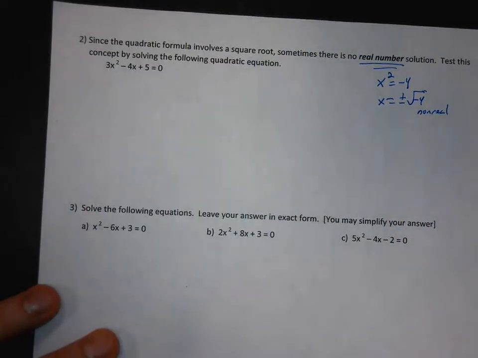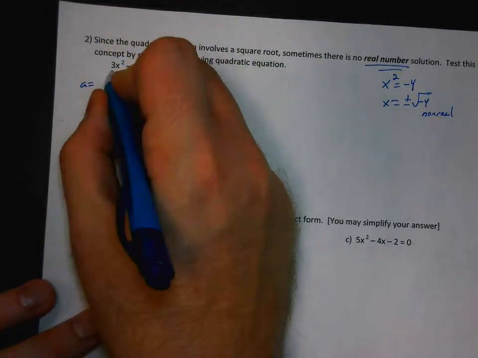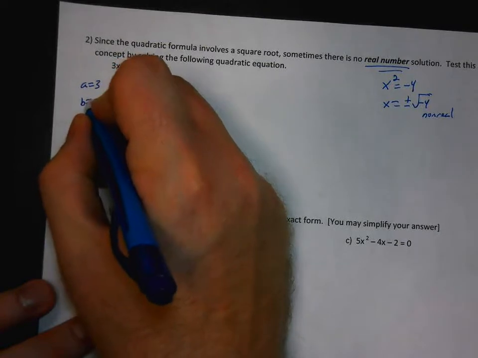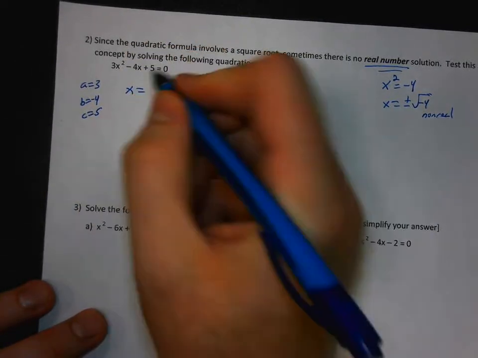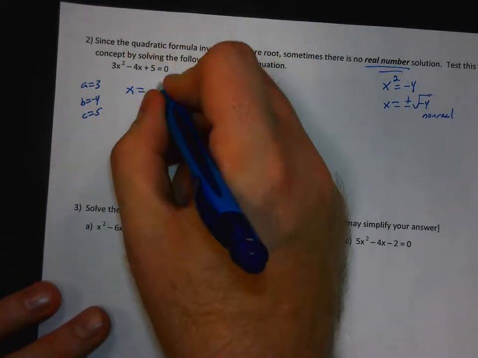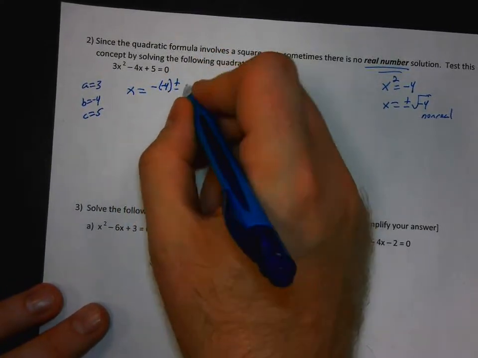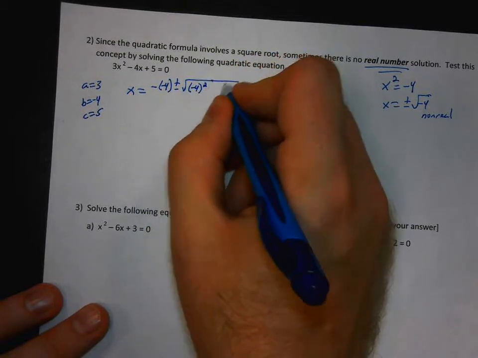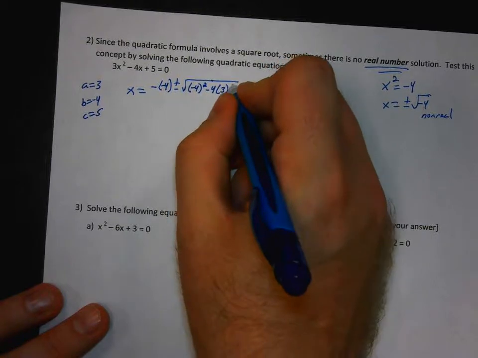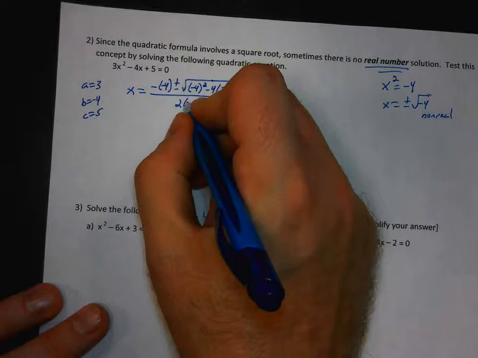Well, let's look at the quadratic formula and see what happens on this one. If we identify a, b, and c, a is 3, b is negative 4, and c is positive 5. So substituting those into the formula, we get x equals negative b, so negative 4, plus or minus the square root of negative 4 squared, minus 4 times 3 times 5, all divided by 2a, which will be 2 times 3.